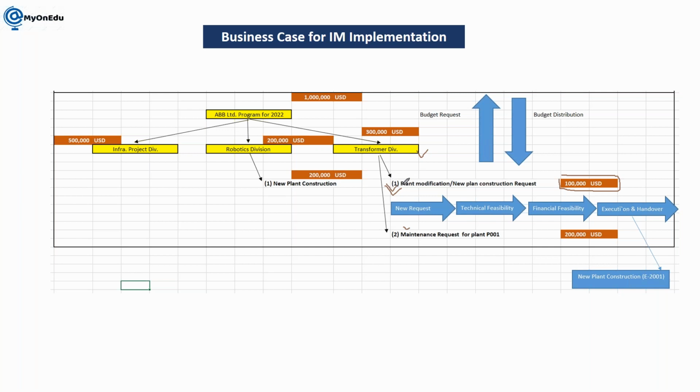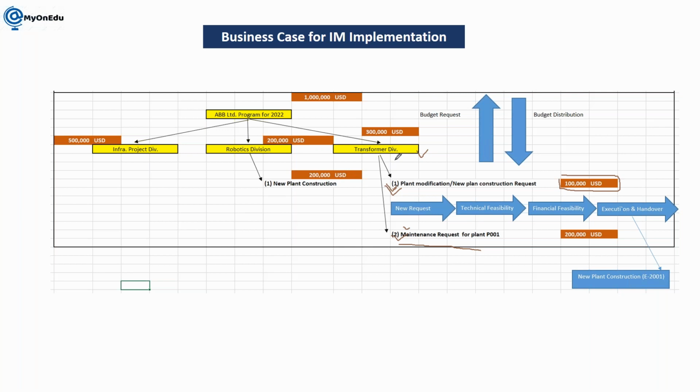My second proposal is a maintenance request for plant P001. I need one additional maintenance for my plant. That is my additional request here. So this is one request, and another is this one. Now, if we are not using SAP or any ERP, how will it go? The divisional head or any responsible person will write this requirement on paper.